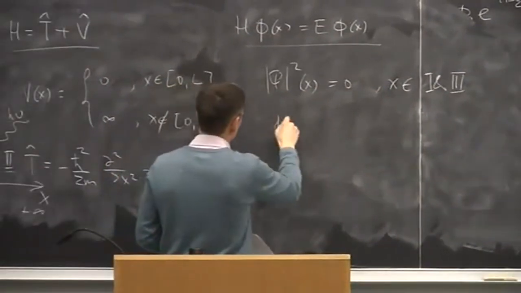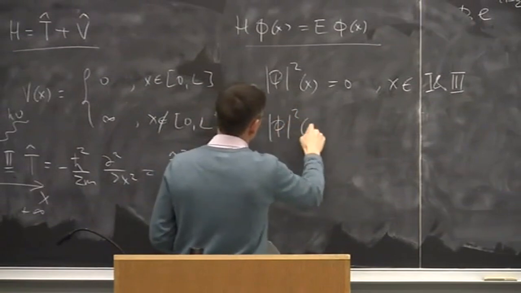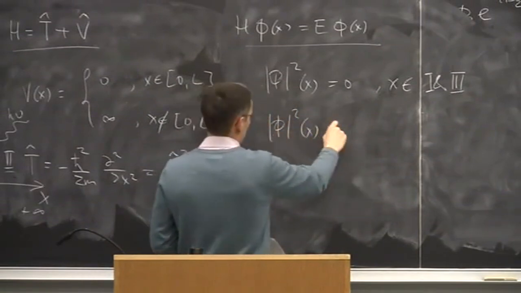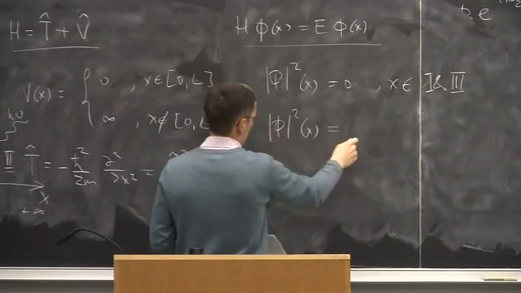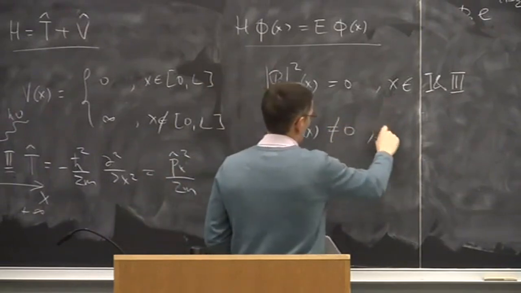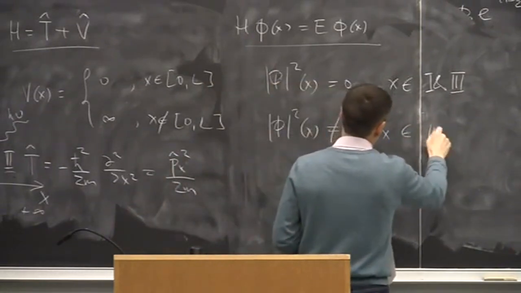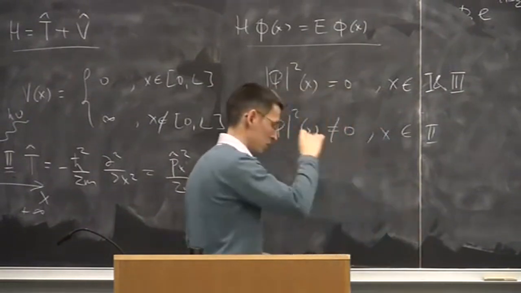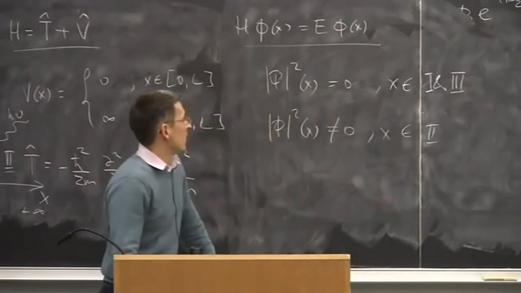And the probability density is non-zero when x is within region 2.